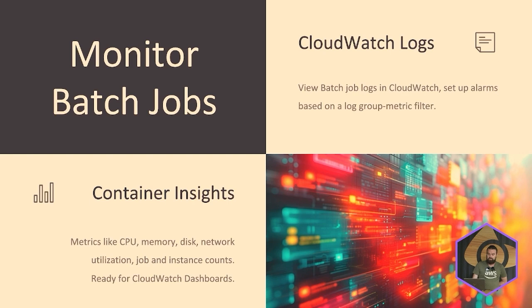And then there's also something that you can look at in Batch called Container Insights, and that will give you all the metrics like CPU, memory, disk, network utilization, job instance counts, and it's ready for CloudWatch dashboards. So that's your toolkit if you want to monitor, and you definitely should if you're going to run hundreds or thousands of concurrent EC2 instances.